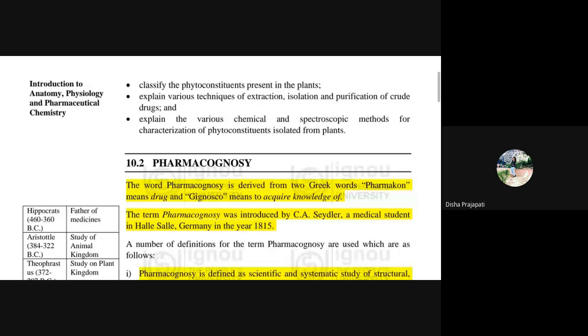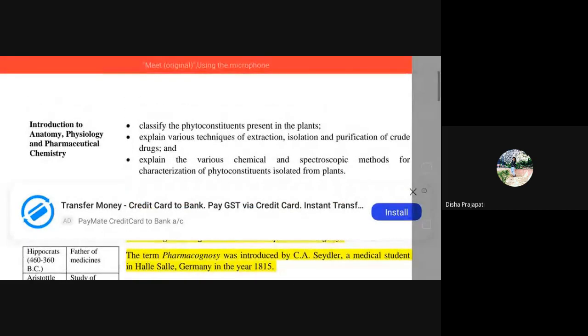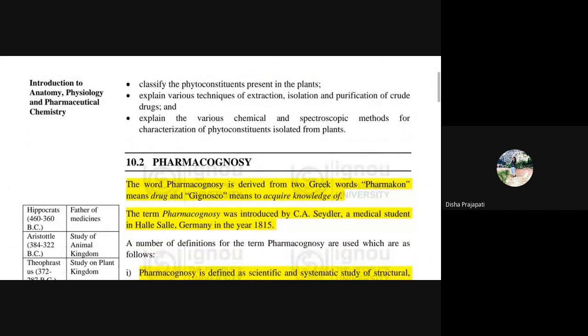Now, what is pharmacognosy? The word pharmacognosy is derived from two Greek words. Pharmakon means drug and gnosis meaning to acquire knowledge. So, to acquire knowledge of drug is called pharmacognosy.